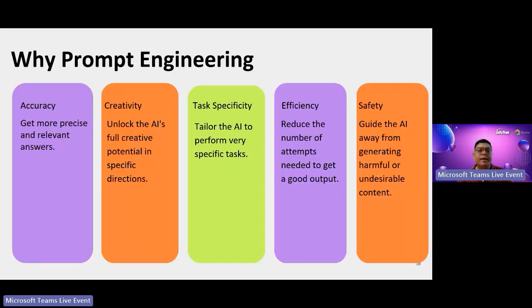Okay. And why prompt engineering? Again, you see a lot of jobs for prompt engineering. Okay. Because we need to be able to articulate exactly what we want the AI to do. Okay. So we have to be precise. We have to clearly tell what exactly needs to be done. We need to be creative.